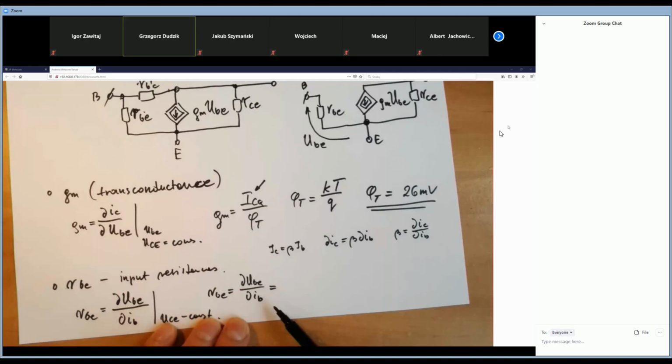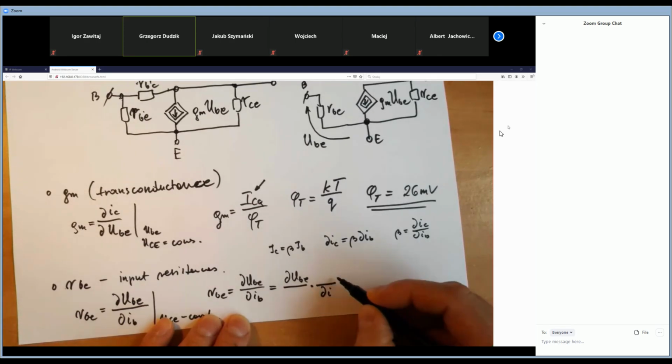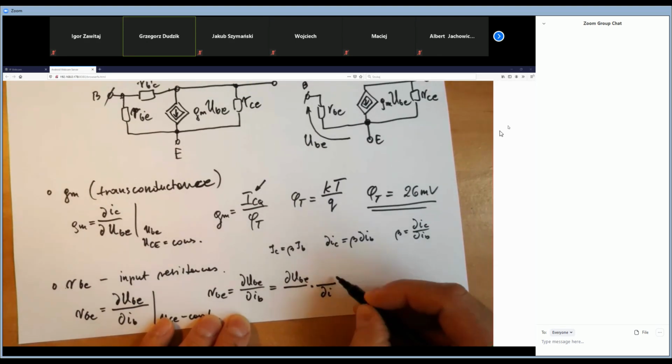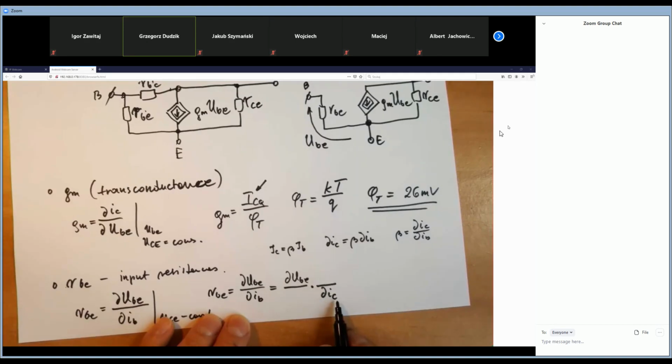So please imagine that we have UBE over something, times something in the denominator, divided by the change of the current IC.